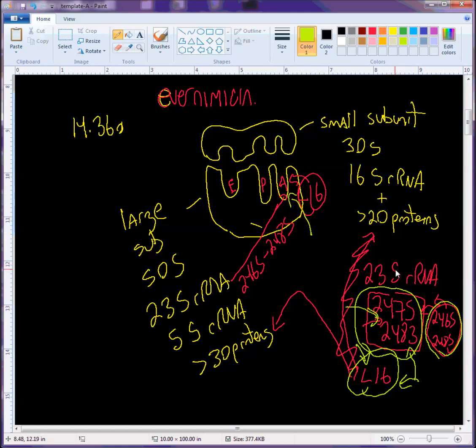So with that information, we know two classes of mutations that result in less sensitivity to the antibiotic.